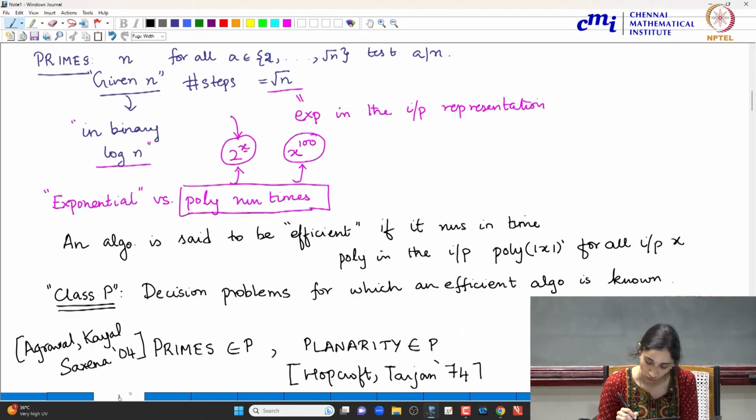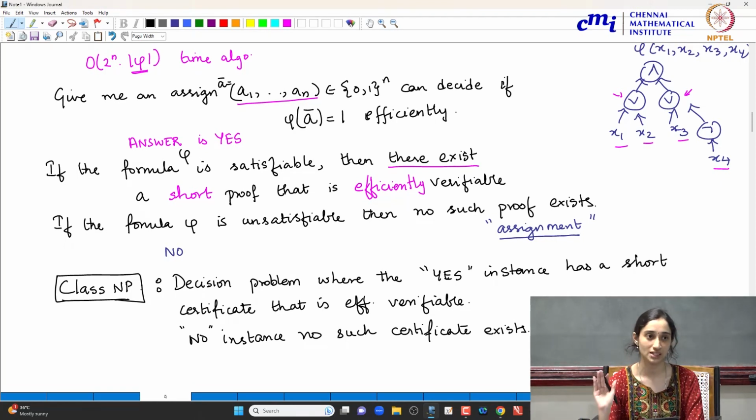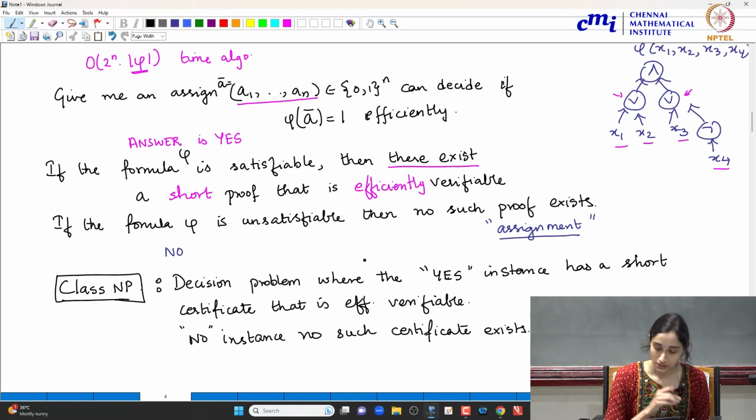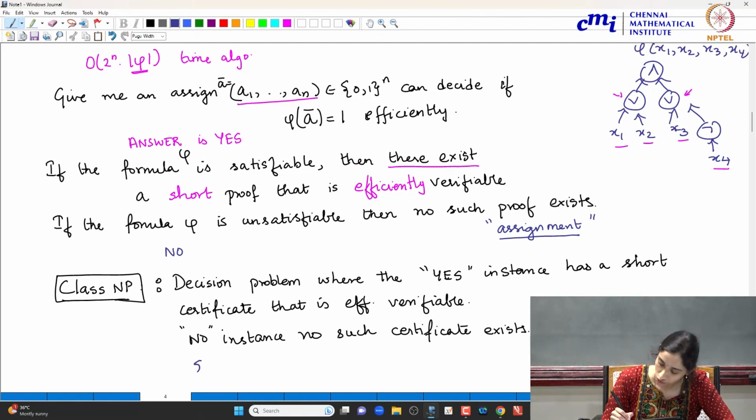So we have seen decision problems, some of the problems that we have listed are in the class P, some of them are in the class NP. At least one of them is clearly satisfiability. So what about composites? Instead of primes, I am going to give you a number and you have to decide whether it is composite or not. So satisfiability is in NP.